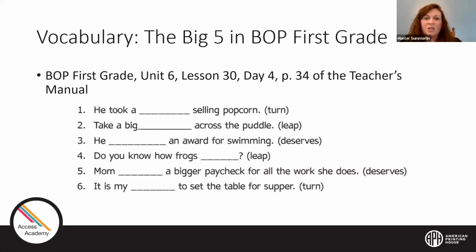So number one reads, he took a blank selling popcorn. The choices your student is supposed to choose among are turn, leap, and deserves. So turn is the correct word. He took a turn selling popcorn, and you would discuss turn with the student.